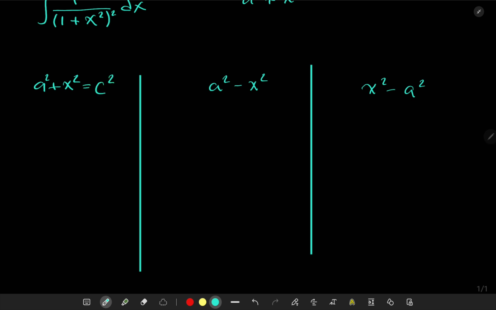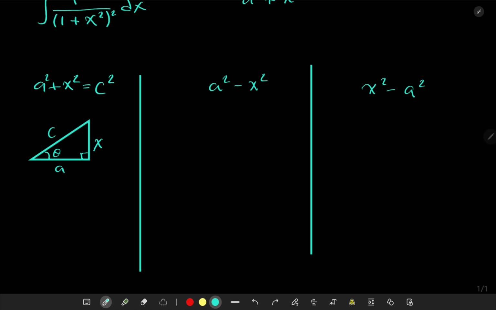Because if I just set it equal to c squared, then that corresponds to a right triangle where c is the hypotenuse, and this side will correspond to x, and this will correspond to a. And this is a right triangle, of course. This right here gives you the inkling that there's a Pythagorean theorem going around.